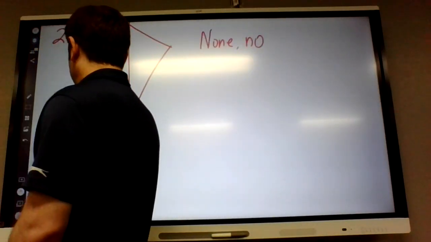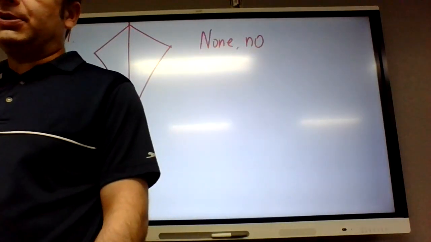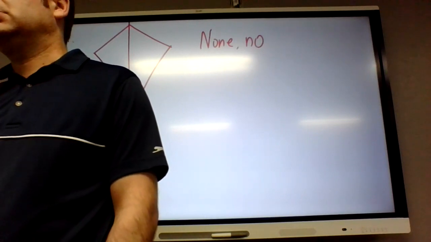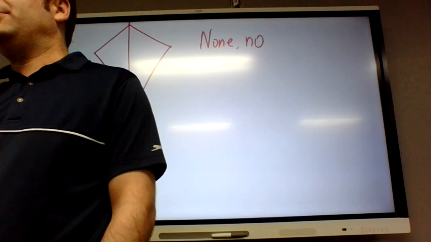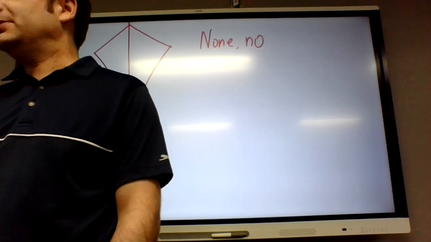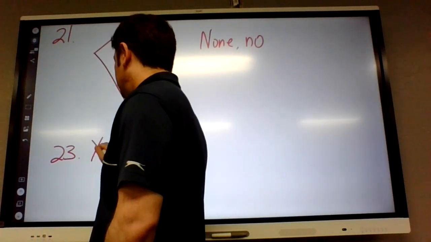Okay, 23. Does a figure with 90-degree rotational symmetry also have point symmetry? Yes, because if it has 90-degree rotational symmetry, if you rotate it 2 90s, you get 180. So, yes. Wait, we don't have to draw these?